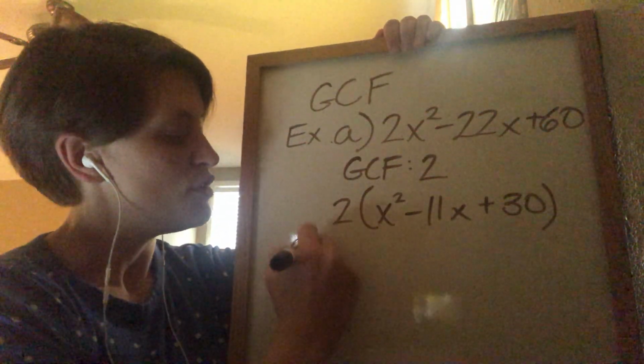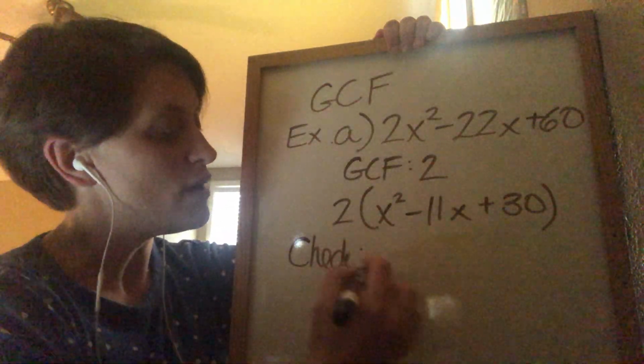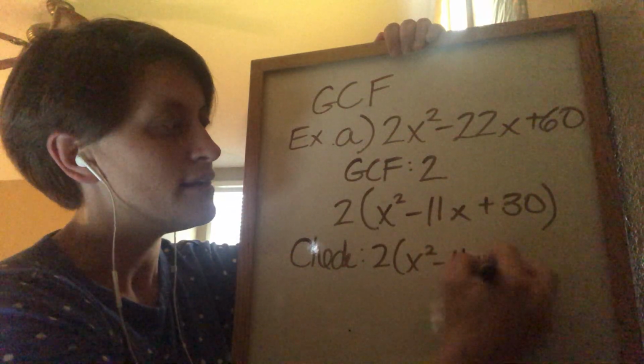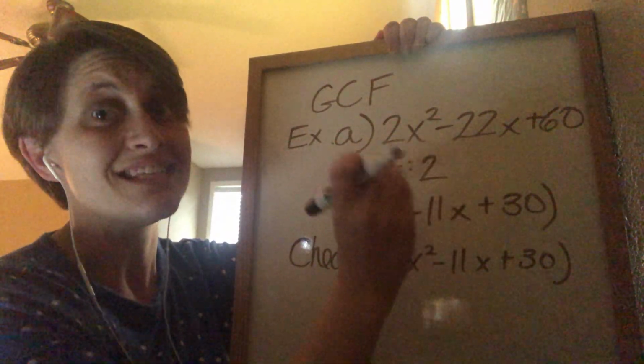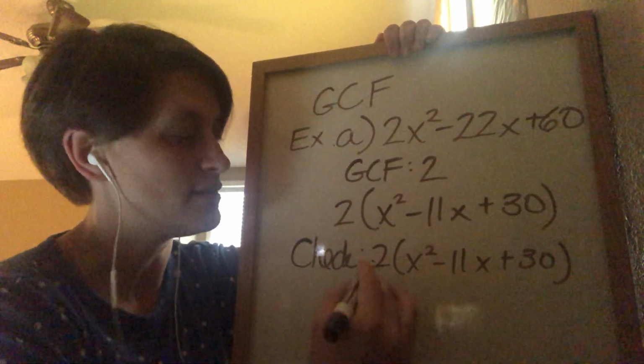We write our greatest common factor out front, and then we make a set of parentheses that leaves the leftovers there. Now, you don't have to check this if you don't want to, but you can. So if you want to check it, you would just distribute out what you got. And what we should end up with is the same thing we started with. If we end up with something different, we have not factored correctly.